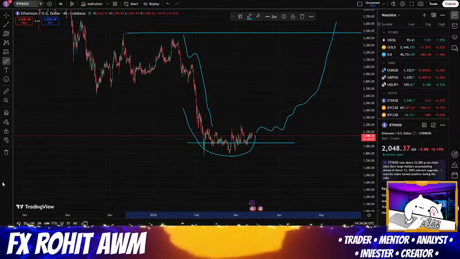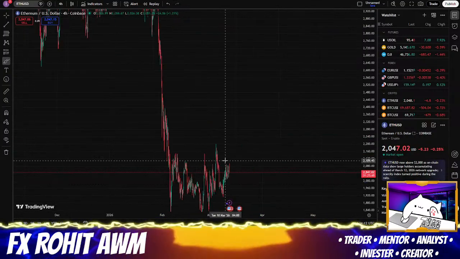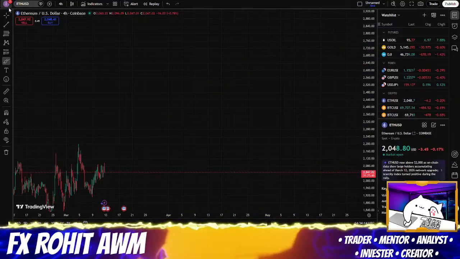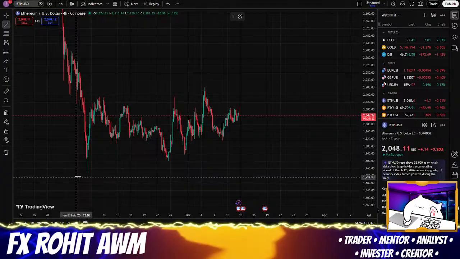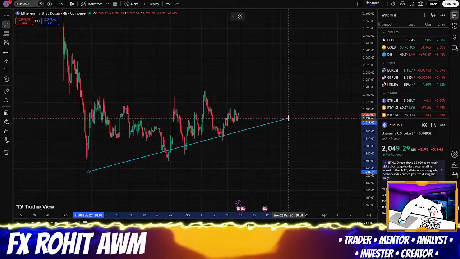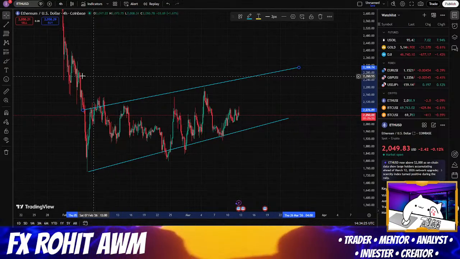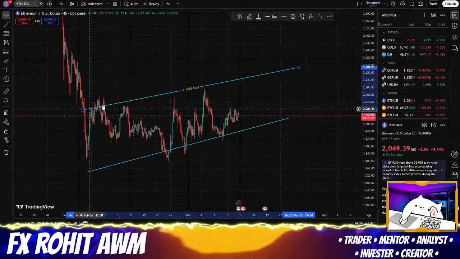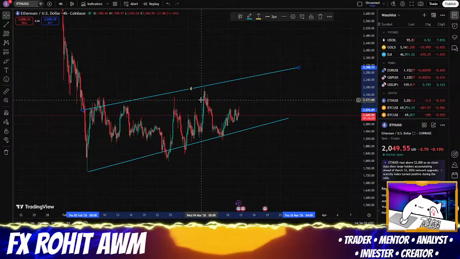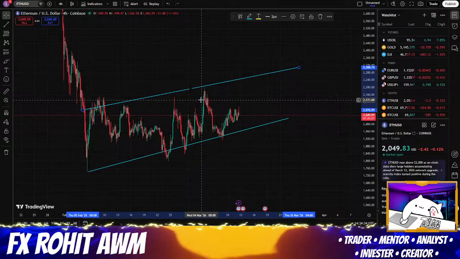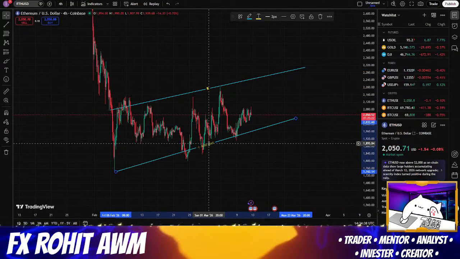Market sentiment is bullish. So the market is in a bullish trend line. This is our resistance zone, and this is the support of our trend line.